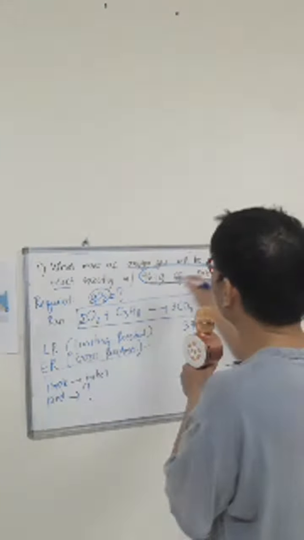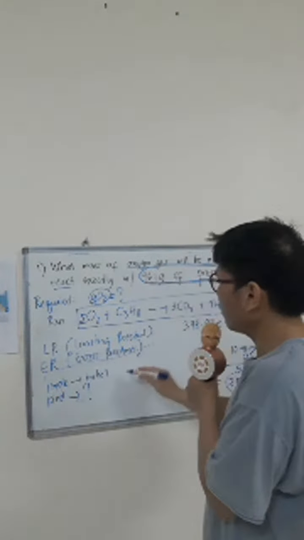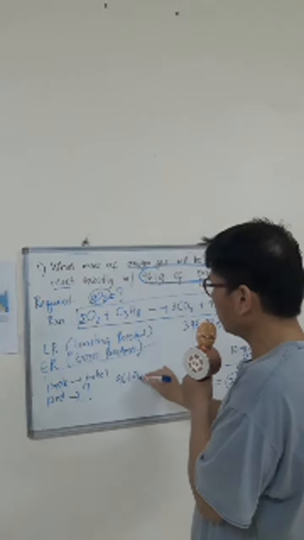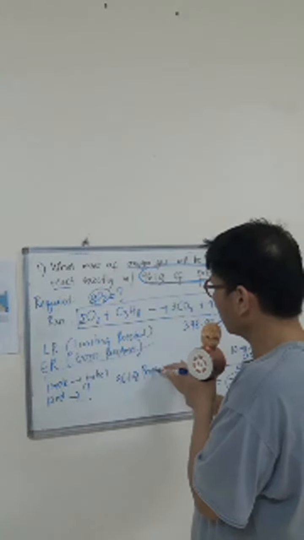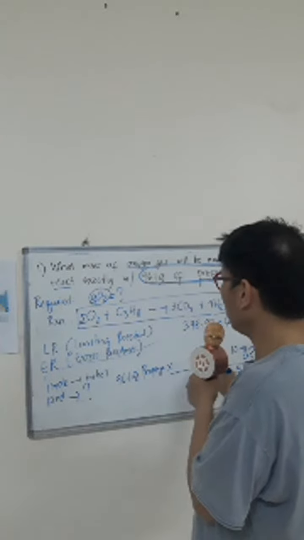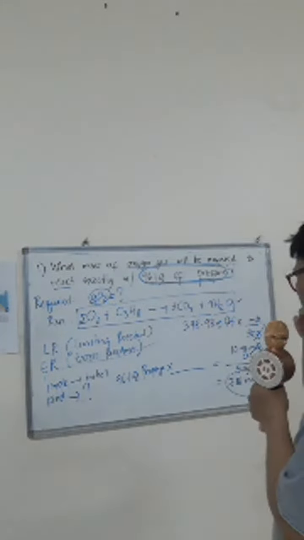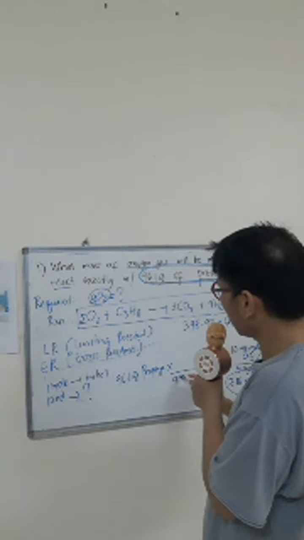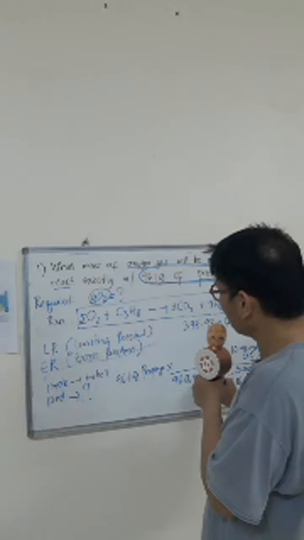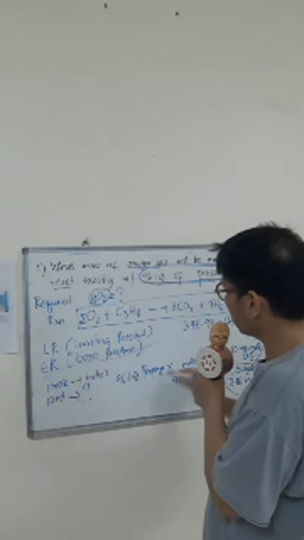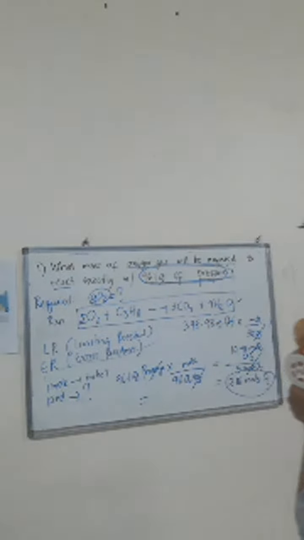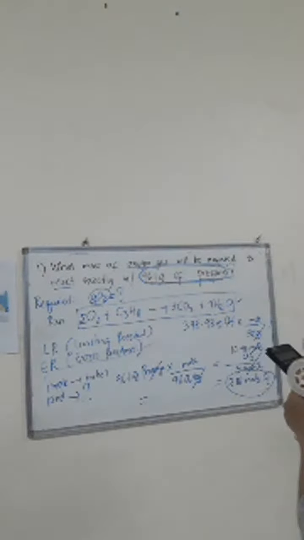So use 96.1 grams of propane. The molecular weight of propane is 44.064 grams per mole, so the grams of propane cancel.